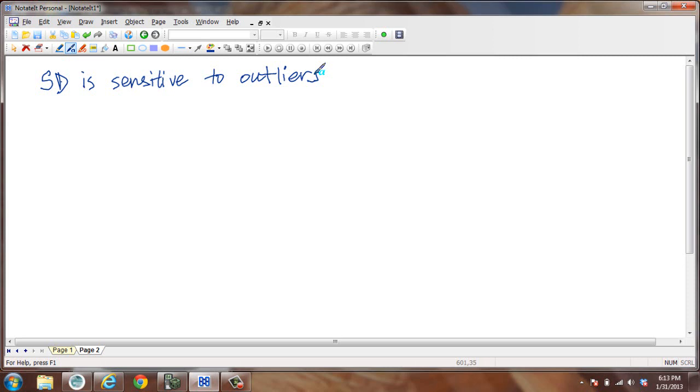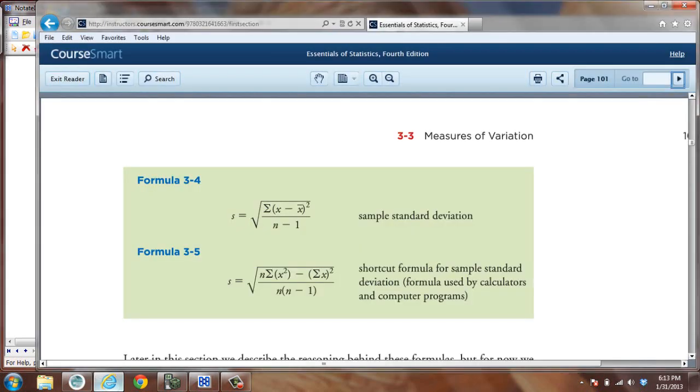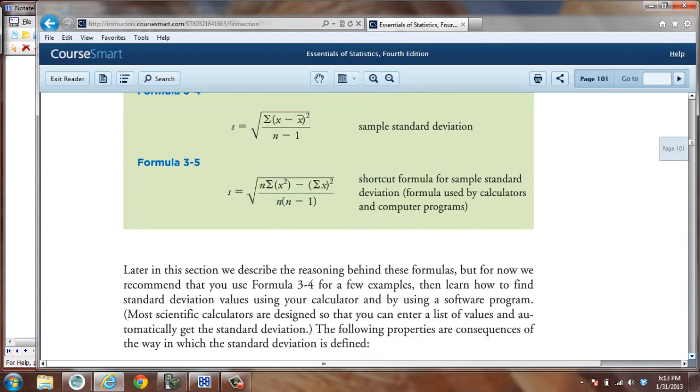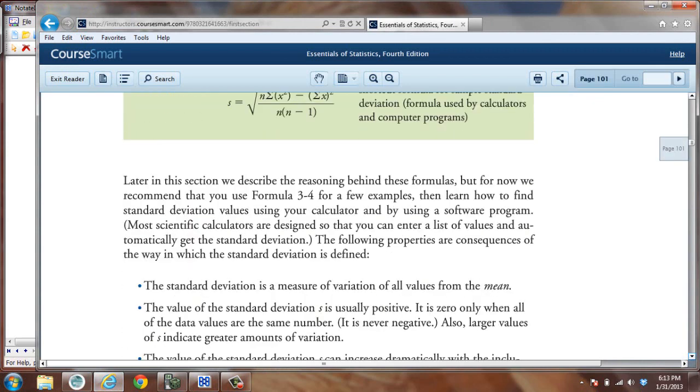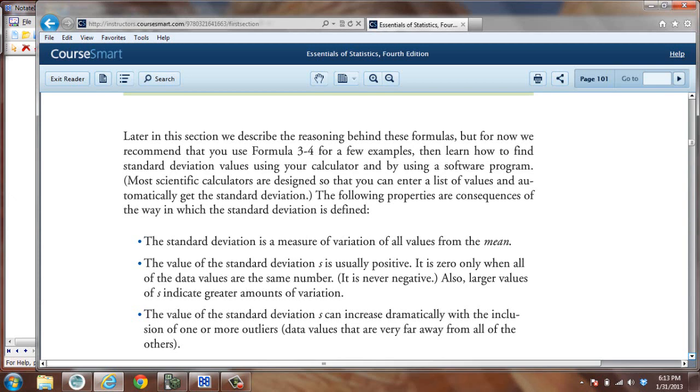Okay. I want to show you, let's go over some properties of the standard deviation in your book. If you turn to page 101 in your book, you will see a list. And as you can see, the formula is there. The first thing is that the standard deviation is a measure of variation of all values from the mean. So we talked about that.